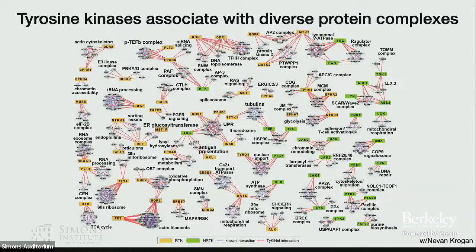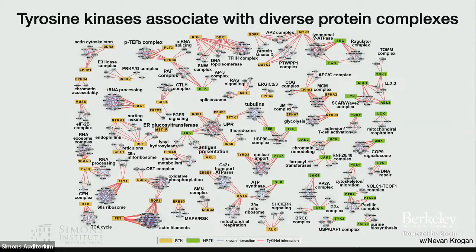What we identified here is that a number of these kinases interact with known protein complexes, which was really surprising to us, specifically because most of these connections hadn't been described. For example, here are two receptor tyrosine kinases that interact with this transcriptional elongation complex. Here we found that SRC, which is one of the earliest oncogenes identified in cancer, interacts with the lysosomal ATPase and the Ragulator complex, which contains mTOR components as well.